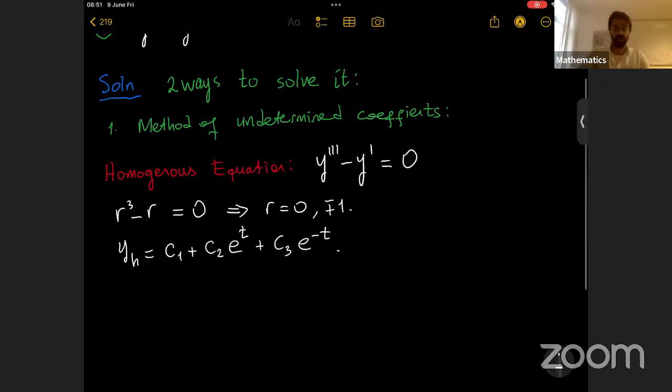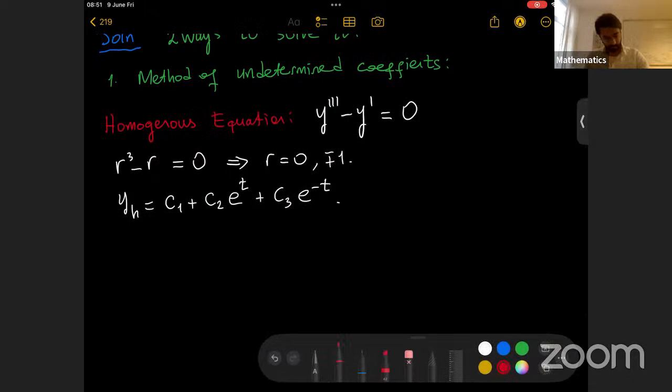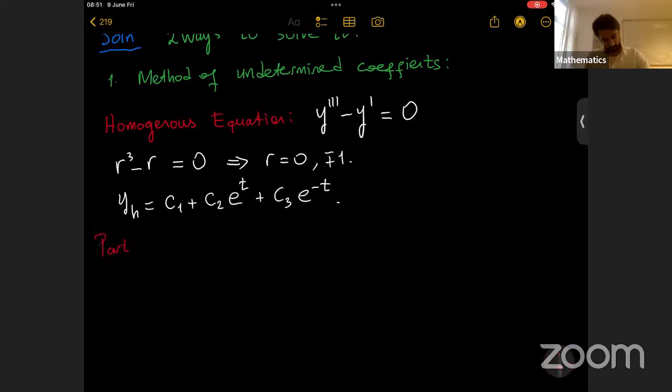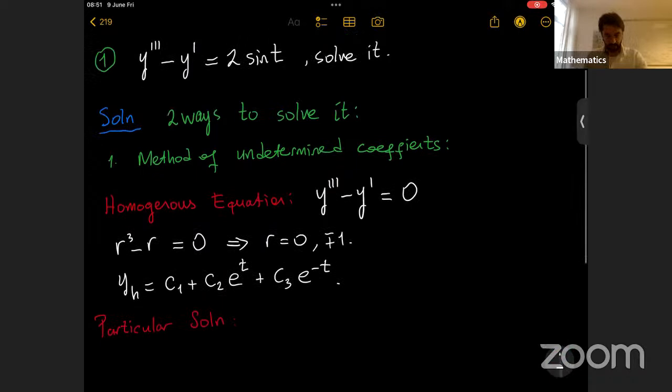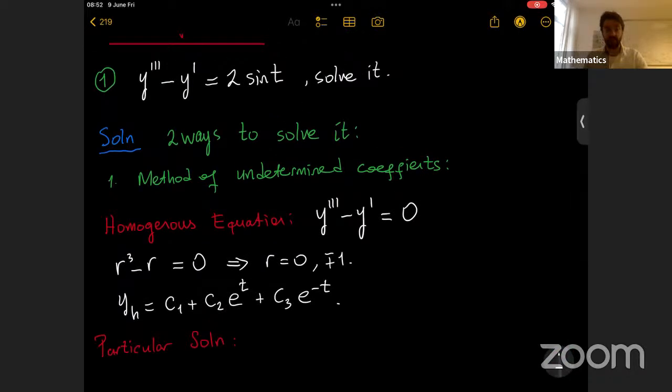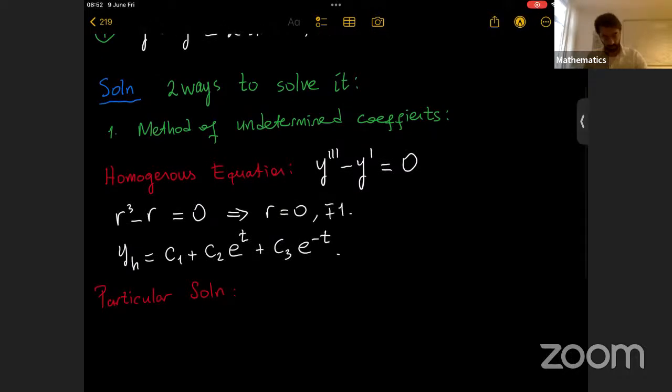Now we guess the particular solution. So we guess the form of the particular solution. On the right-hand side, we have sine t. So the particular solution will be in the form of the following.